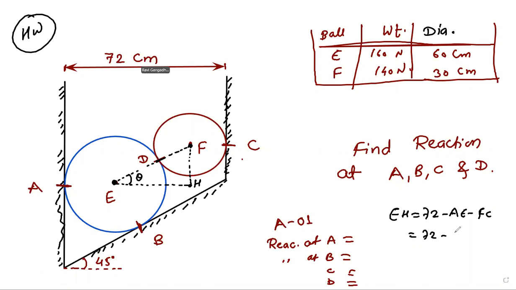Diameter is given, so AE is half of 60, which is 30, and FC is half of this, 15. So EH is equal to 42 minus 15, 27 centimeter. So AH you get 27 centimeter, and EF you get 30 plus 15, 45. Is it correct?